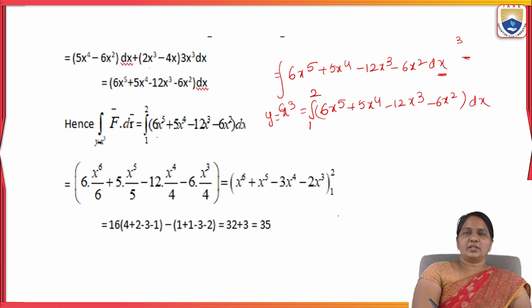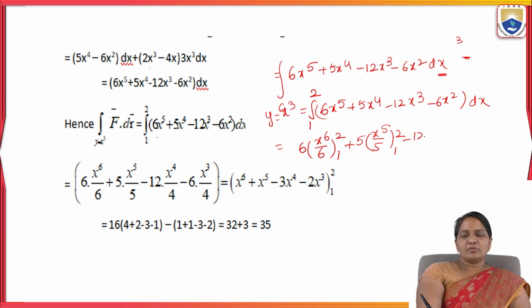Now we are integrating the function here. 6 is the constant. Integral of x power 5 is x power 6 by 6, limits 1 to 2, plus 5 into integral x power 4, that is x power 5 by 5, limits 1 to 2, minus 12 into integral x cube, that is x power 4 by 4, limits 1 to 2, minus 6 into integral x square, that is x cube by 3, limits 1 to 2.